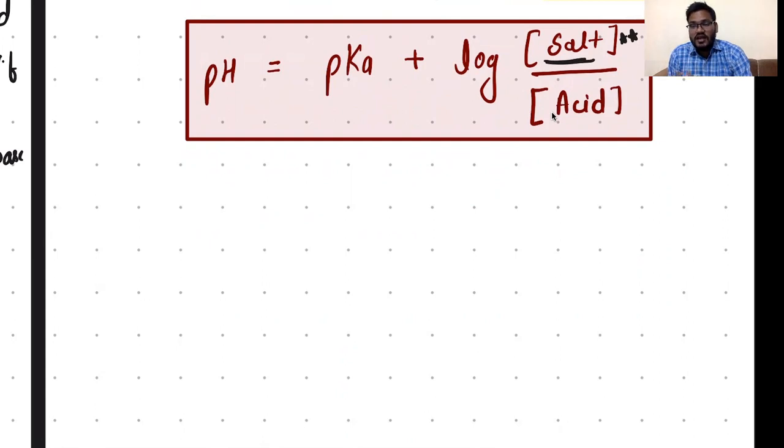It is the concentration of conjugate base. And in most of the cases, the concentration of conjugate base and the concentration of salt remain the same. Okay, so this expression is known as the Henderson expression.